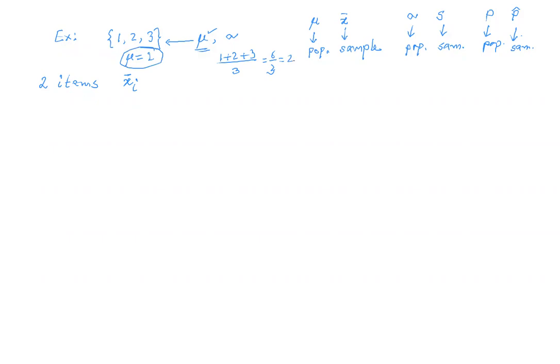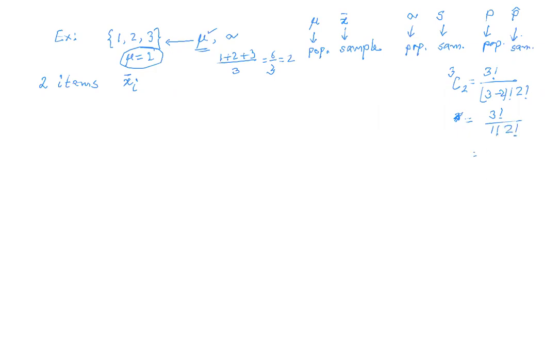Now, how many different ways can you pick 2 items from a group of 3, which is very easy. 3C2, which is 3 factorial divided by 3 minus 2 factorial times 2 factorial, which is equal to 3 factorial over 3 minus 2 is 1 factorial, 2 factorial.